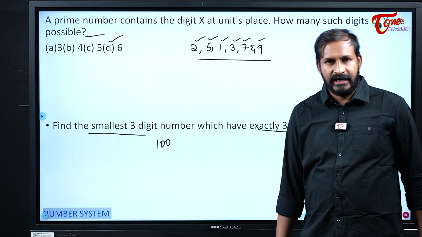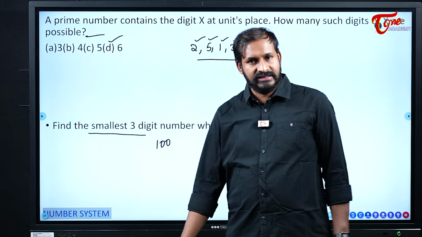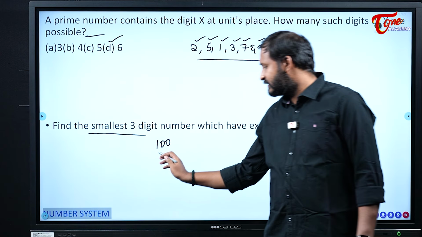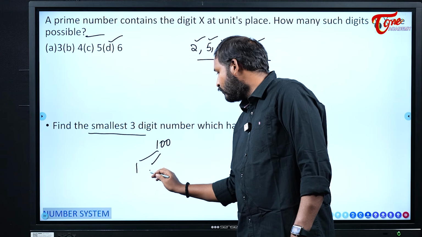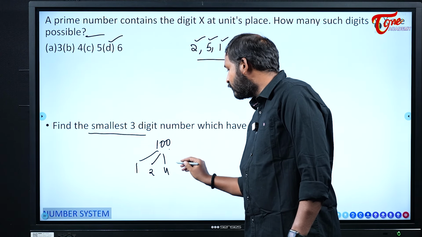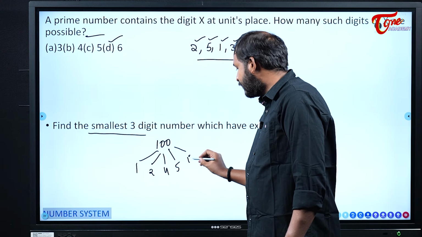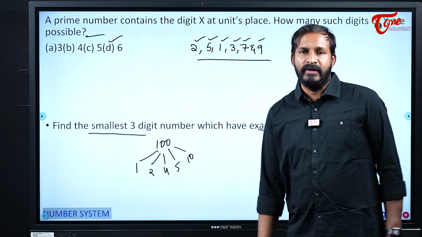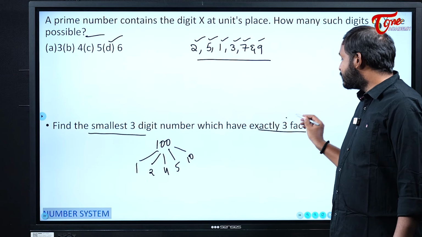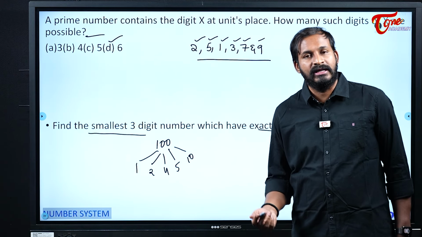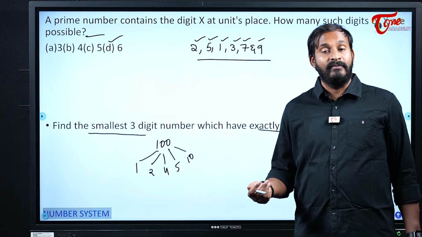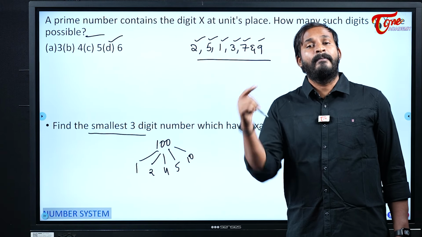But 100 has many factors, like 1, 2, 4, 5, 10, and so on. But we want it to have exactly 3 factors. So, what is that number? That number is nothing but a perfect square, that too a perfect square of a prime number.